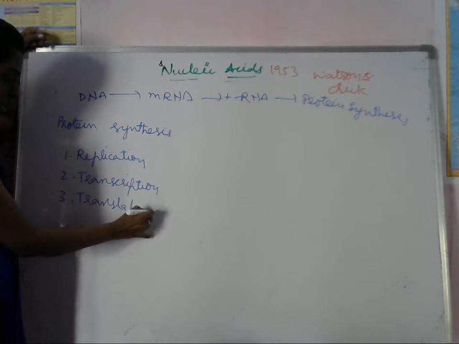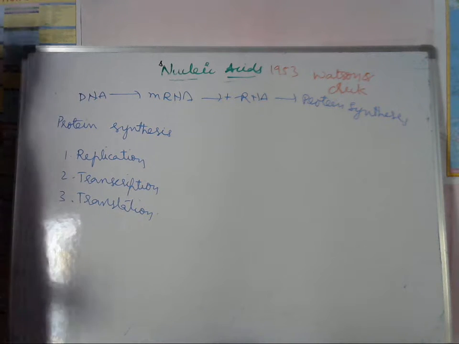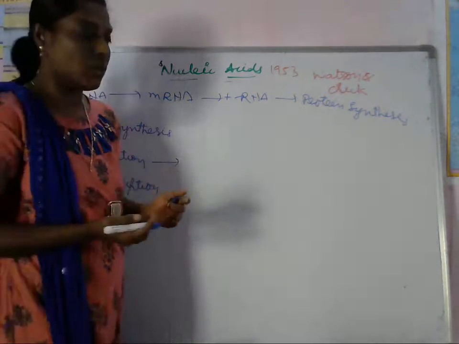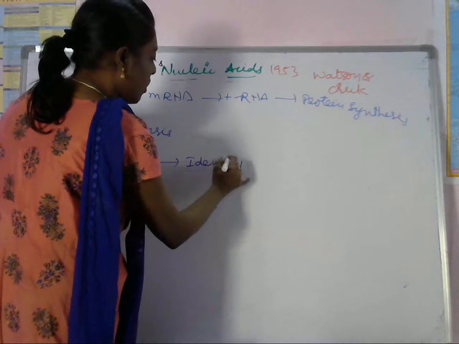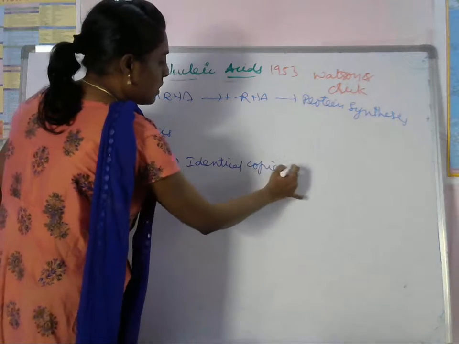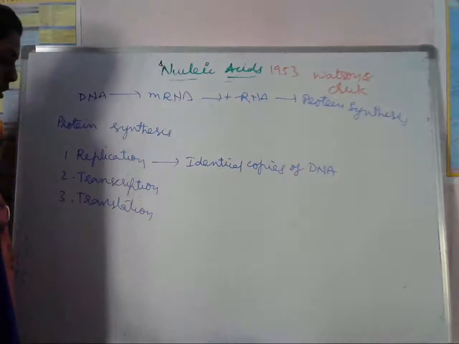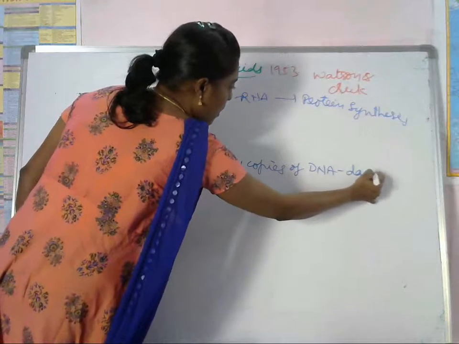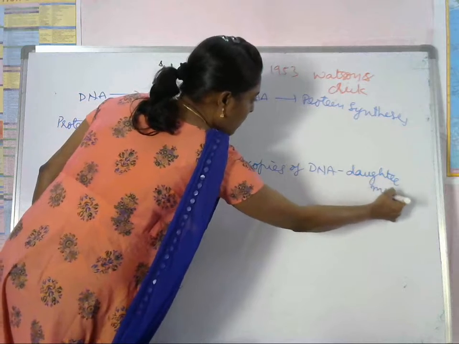What is the replication process here? In the replication process, identical copies of DNA will be produced. These form daughter molecules. These are called daughter molecules.